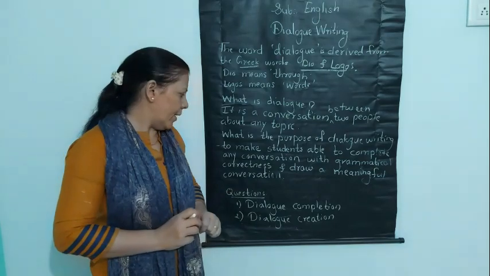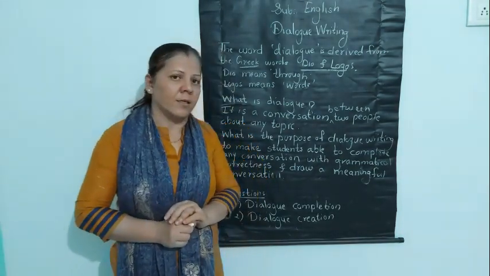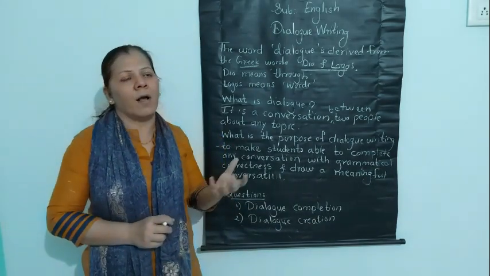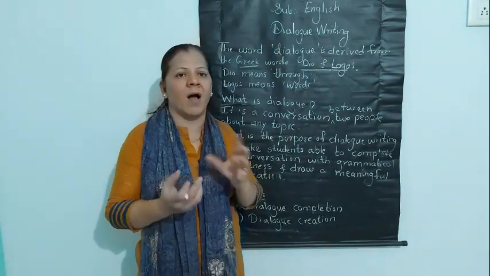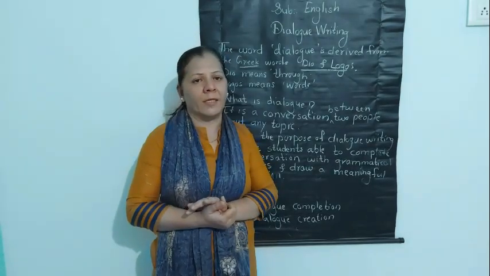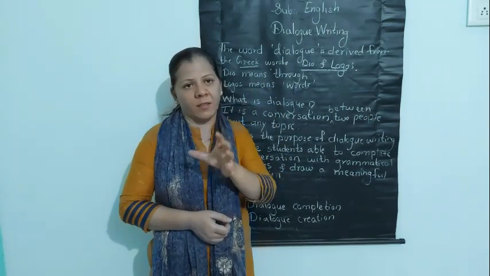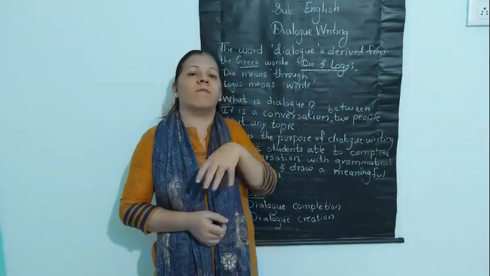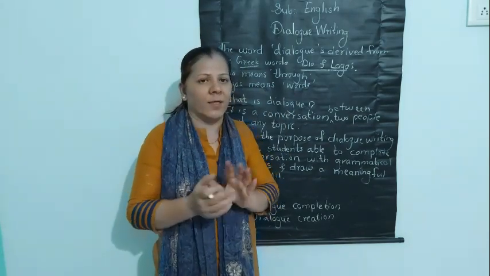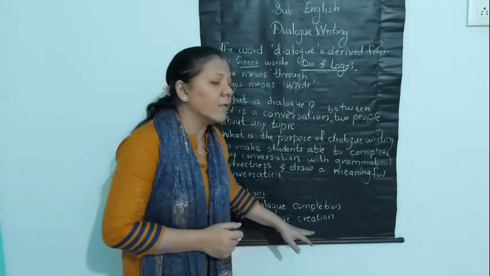Now in dialogue writing, two types of questions are asked. That is dialogue completion. You are asked to complete the dialogues. Some half dialogues are given and you are asked to complete them. Some questions may be given, you have to write the answers, or some answers may be given and you have to derive questions for those answers. And next is dialogue creation.